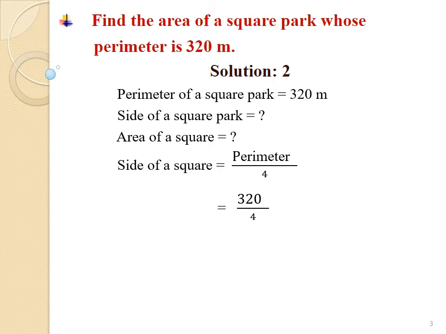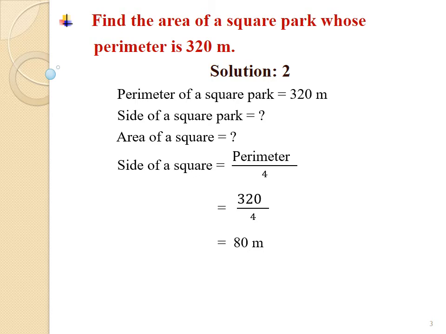Now, dividing 320 by 4, we get 80. Thus, side of a square is 80 meters.